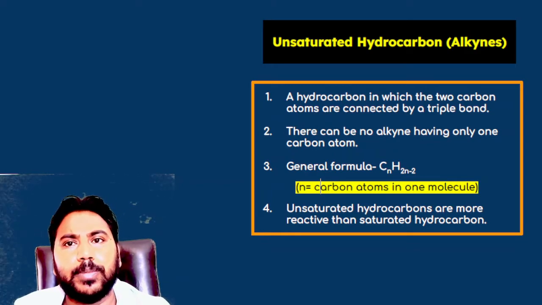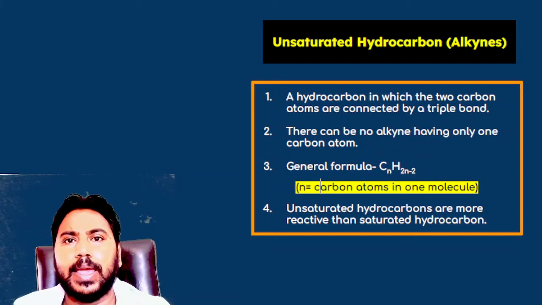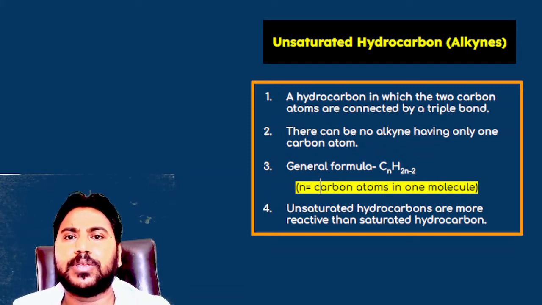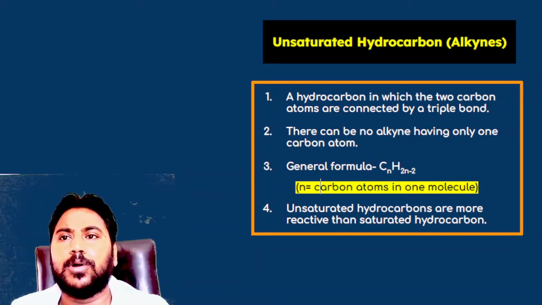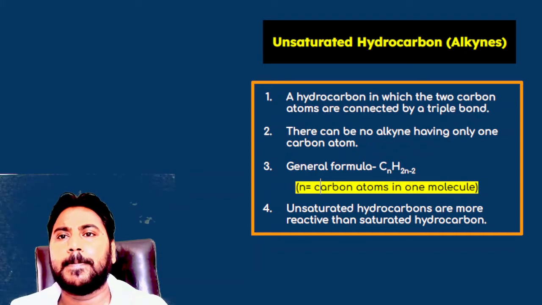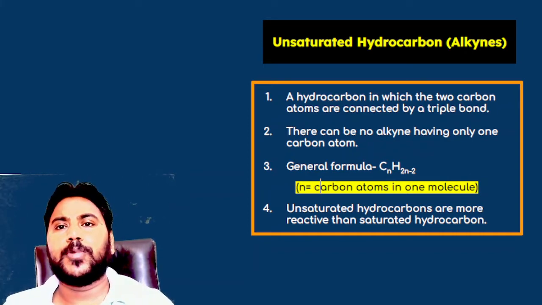Let's talk about some examples. C2H2 will be called ethyne because it has triple bond, so the suffix "-yne" will be used. For two carbon atoms, we will use "eth", and C3H4 will be named propyne, and C4H6 will be named butyne.